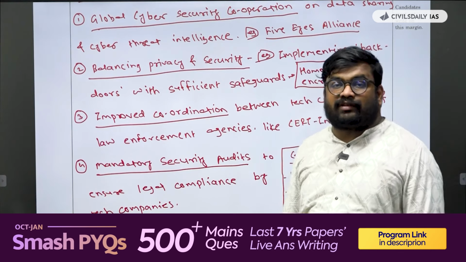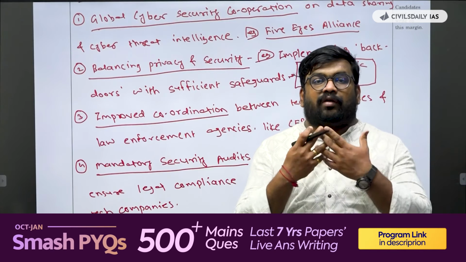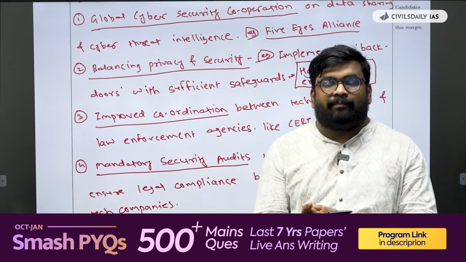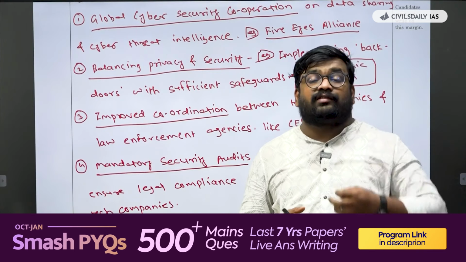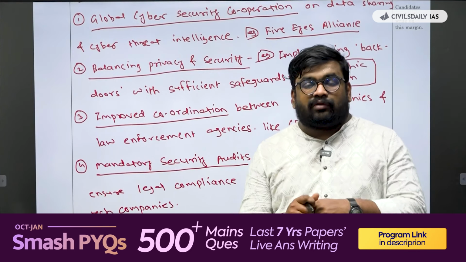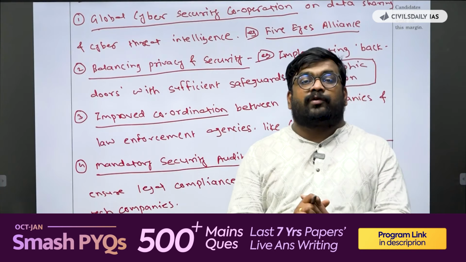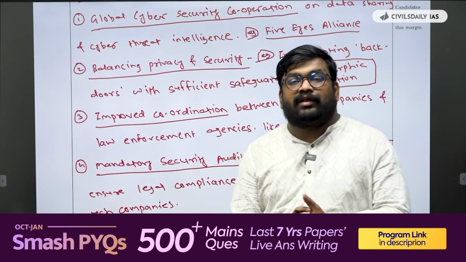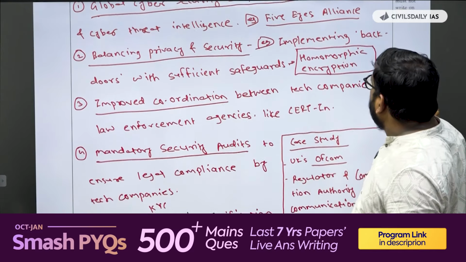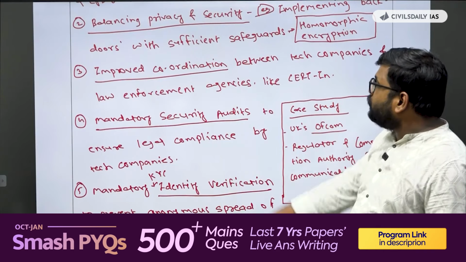With homomorphic encryption, you can secure the privacy of the users, and on the other hand, you can implement sufficient measures to give the sufficient amount of data or access to the law enforcement agencies in order to protect the internal security or the overall national security. So this is homomorphic encryption, and as that is our keyword, we have boxed it.